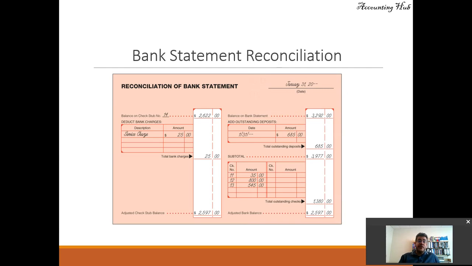For instance, reconciliation. So balance on the check stub, balance in our account, balance on the bank statement. They are not matching. However, we have one outstanding deposit here. It is recorded in our accounting system, here in our check stub, but it's not in the bank yet. So we add it. Remember adding the outstanding deposit. And then the outstanding checks.